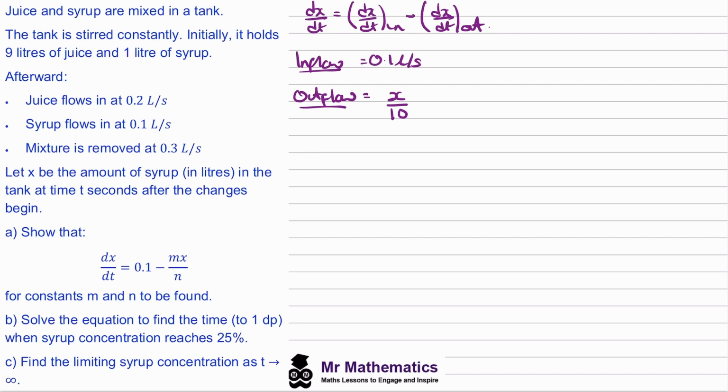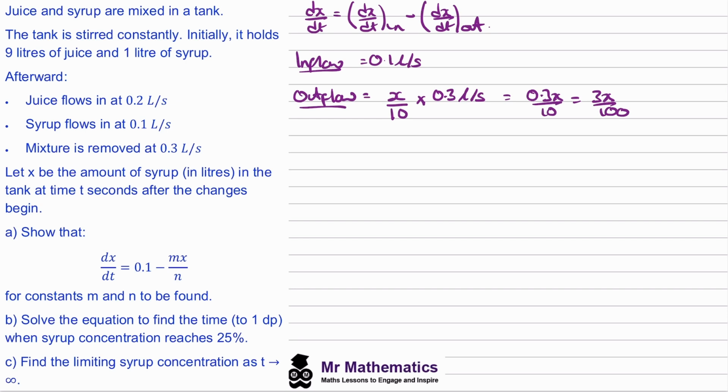And if we remove 0.3 litres of this evenly mixed liquid each second, the amount of syrup leaving will be the concentration of the syrup multiplied by the outflow of 0.3 litres per second. So this will be 0.3x over 10. And we can simplify this to write 3x over 100.